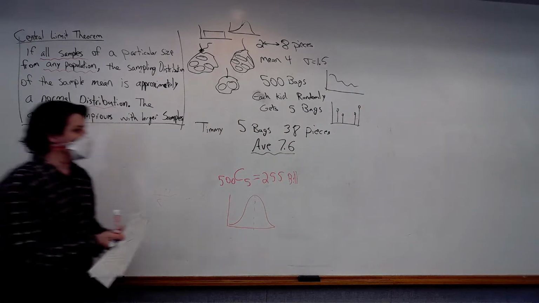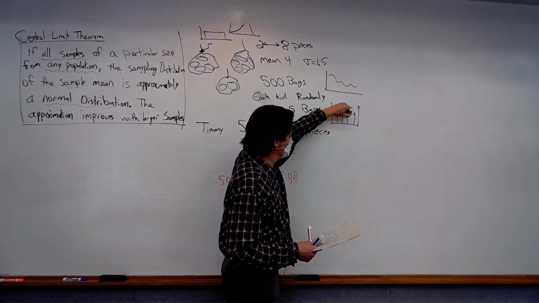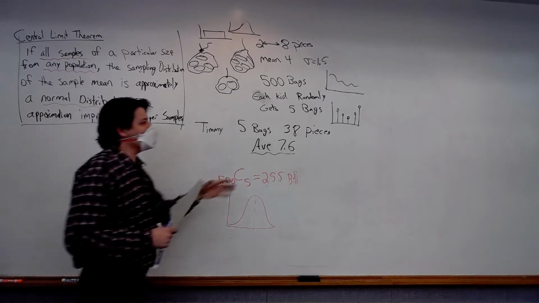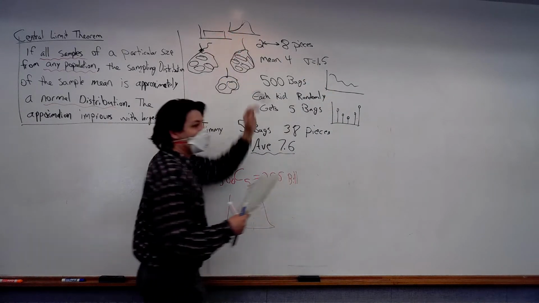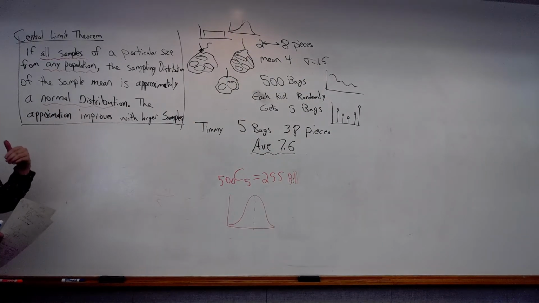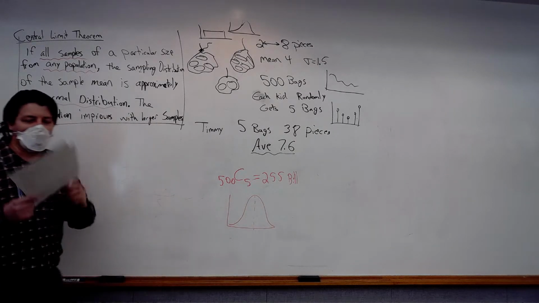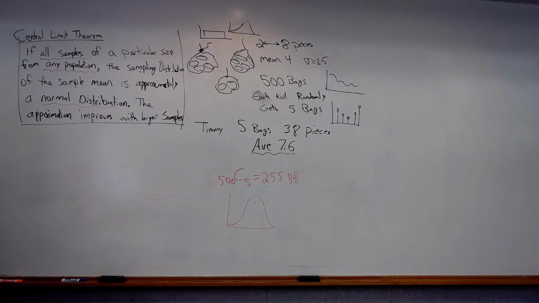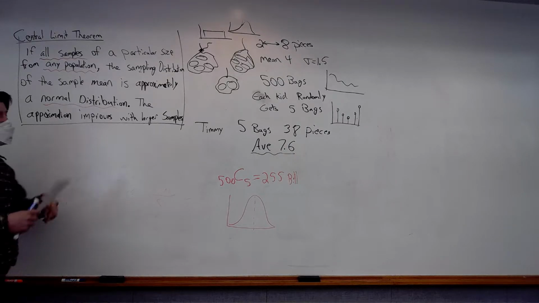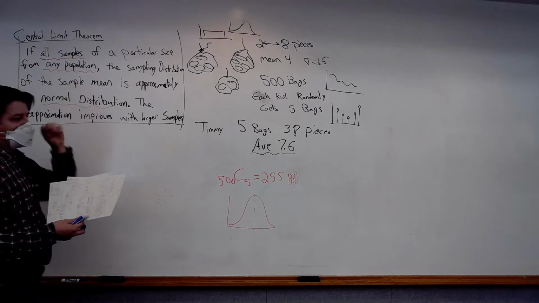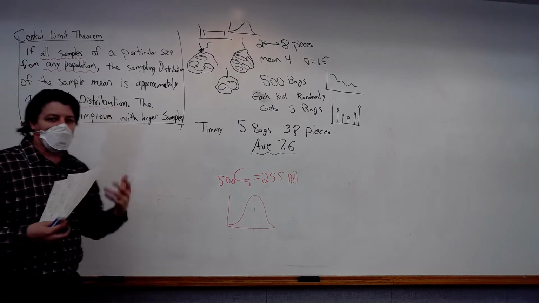There's some bags with 2, there's some bags with 5, a couple bags with 8. It could look anything like these. Any of these are possible. And no matter what, when we do this, it becomes a normal distribution. So we don't have to have a normal distribution of the population. Any distribution will turn into, when we take the sample means, a normal distribution.